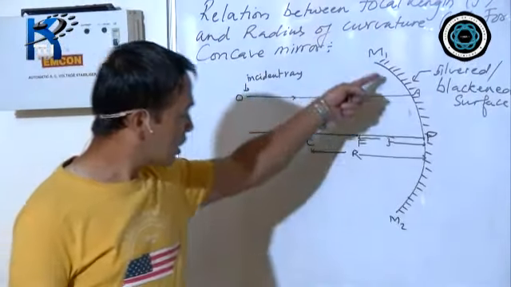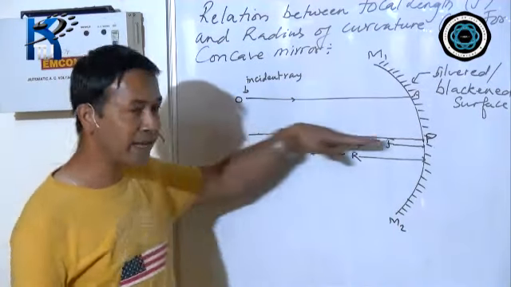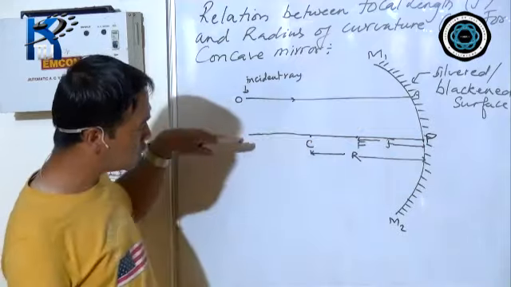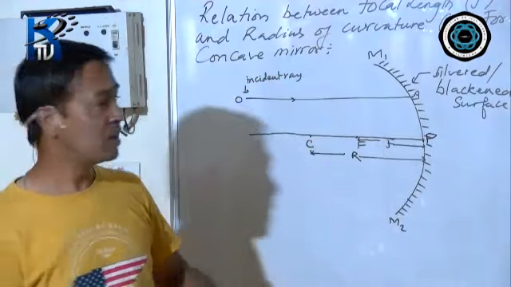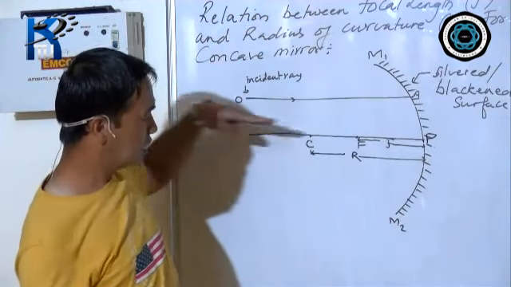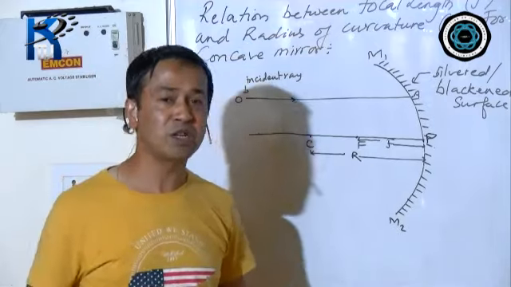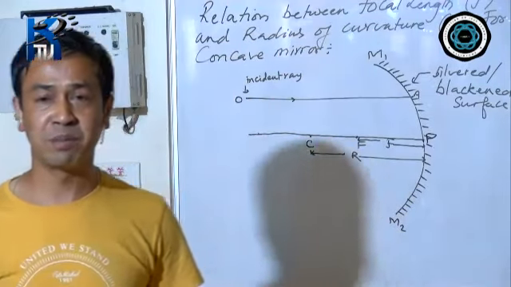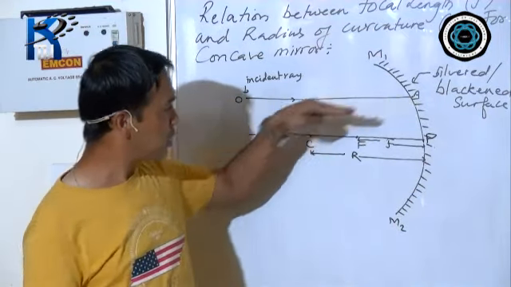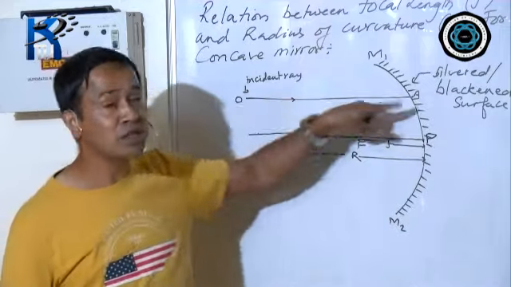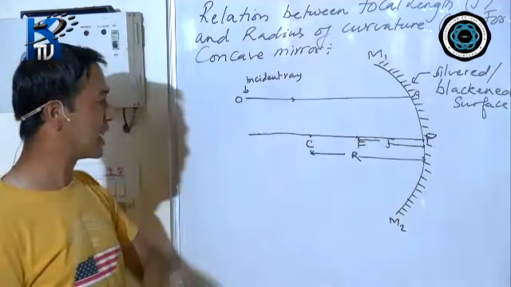Now, we are taking a small aperture mirror, so we take the rays which are closer to the principal axis, and the rays closer to the principal axis are basically called paraxial rays. But a ray that is incident far away from the principal axis is usually called a marginal ray. But we are considering a small aperture mirror, so that's why we take this incident ray also as a paraxial ray. So OA is the paraxial incident ray.